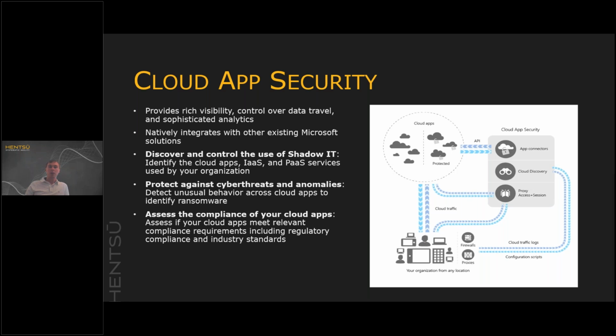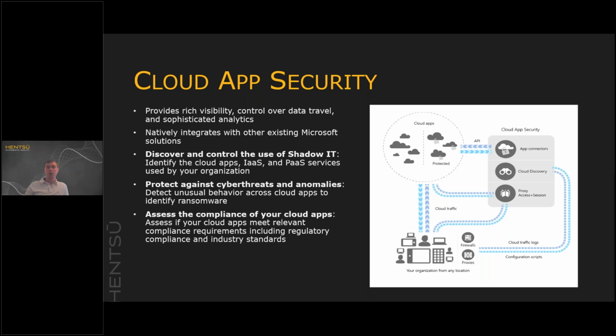Cloud App Security, really, as the name suggests, is to get a handle on which applications you're using, and it's very good at discovering and controlling the use of shadow IT. Since it can see the cloud apps, infrastructure as a service, and platform as a service services used by your organization, it has a lot of categories that you can use.